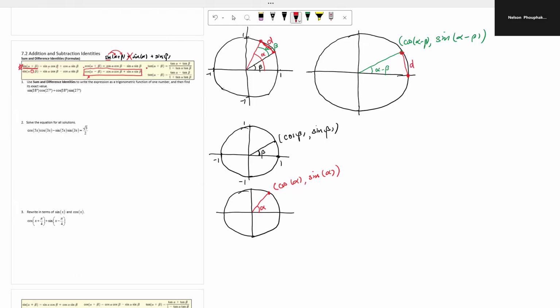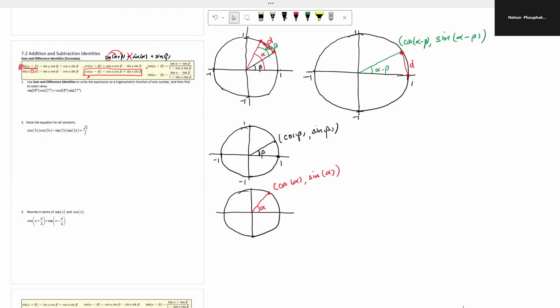The reason is they share the same angle: this angle is alpha minus beta, and this one is also alpha minus beta. If we have a unit circle, that means this distance d and this distance d must be the same.